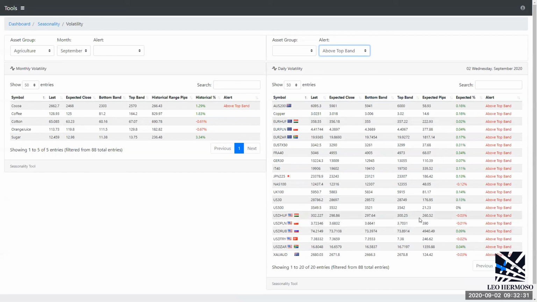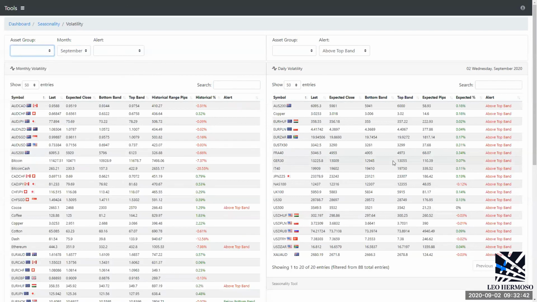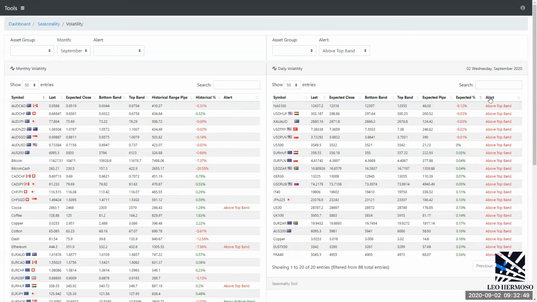One curious thing about this: sometimes you can find some divergence. How do you know that there is divergence? Simple: when you have the expected and the alert in the same colors.